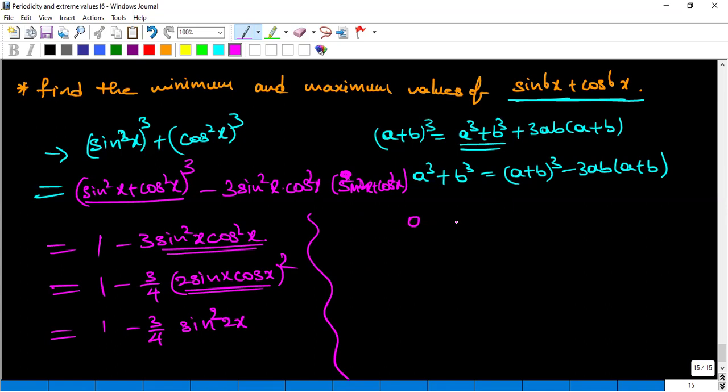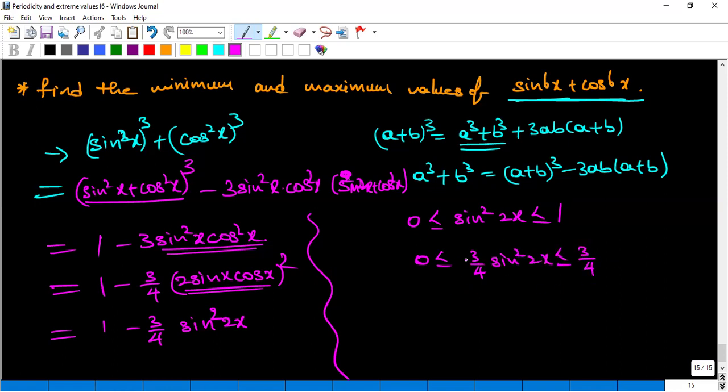That's why I'm writing here 0 is less than or equal to sin square 2x is less than or equal to 1. I have here 3 by 4, so I can write 3 by 4 sin square 2x less than or equal to 3 by 4.